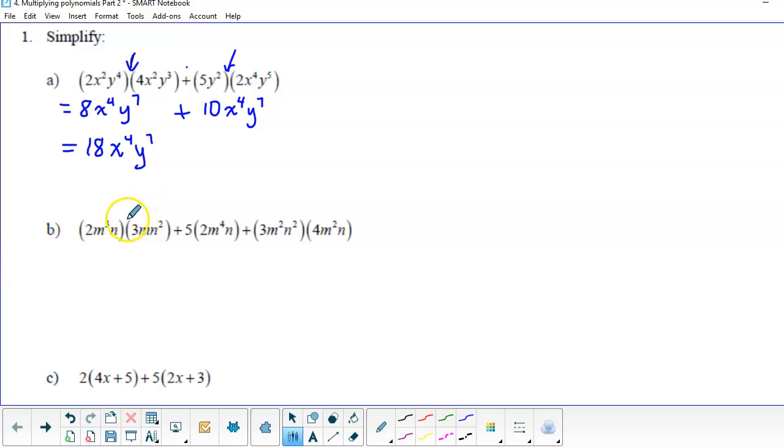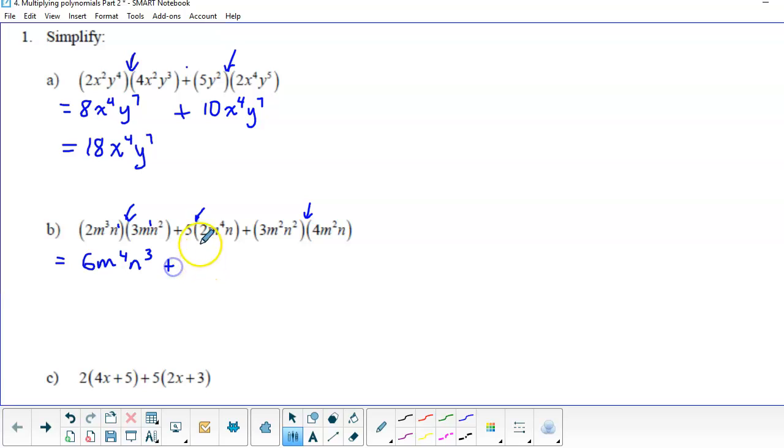So next one, we have a multiplication there. That's multiplying when there's no sign in front of the bracket. So we do all the multiplying first, so that's going to be 2 times 3 is 6, m cubed times m to the 1 is m to the 4th, n to the 1 times n squared is n cubed.